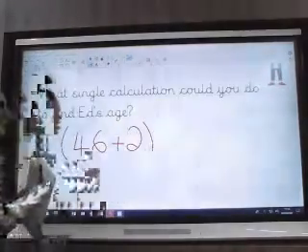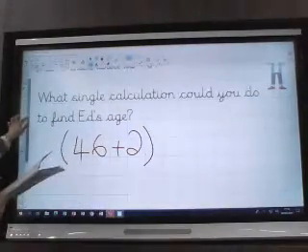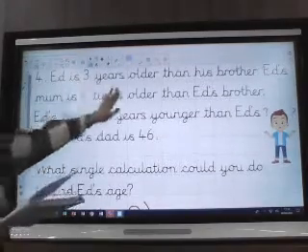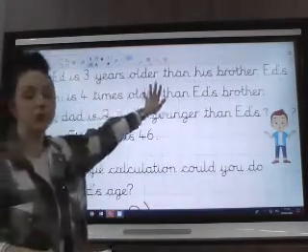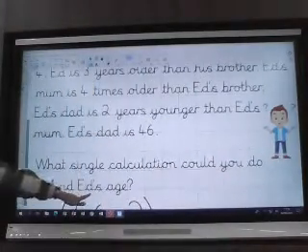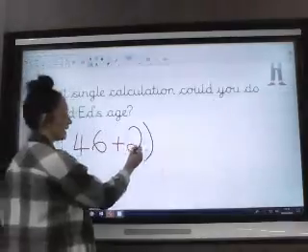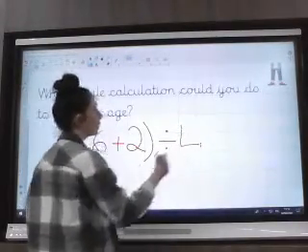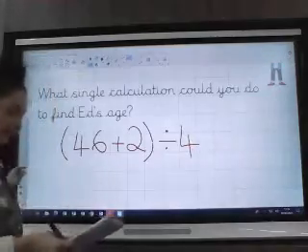That's your first thing you're going to have to do. Then it said Ed's mum is 4 times older than Ed's brother. So once you've got that in brackets, you need to divide it by 4, don't you? Okay.